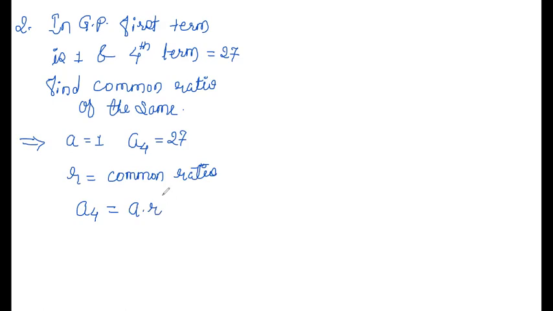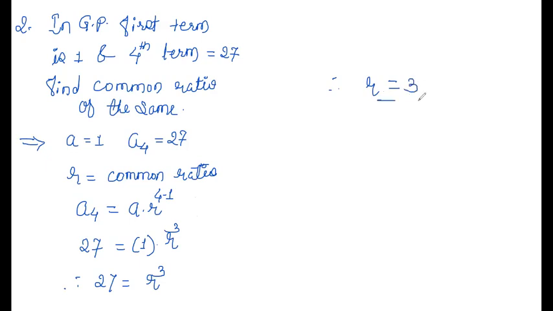A into R raised to n minus 1, that is 4 minus 1. So A4, that is 27, is equal to A first term, that is 1, into R raised to 3. Therefore 27 is equal to R cube. Then what will be the common ratio? Yes, it is 3.